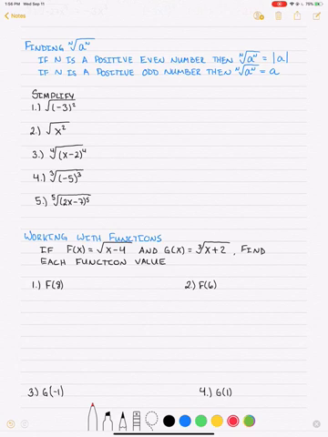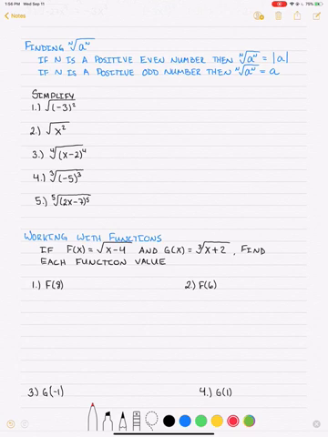If n is a positive odd number, then the nth root of a to the power of n equals a without absolute value. I know these two sentences look very confusing. It's actually fairly simple. So we're going to go ahead and get started with that.